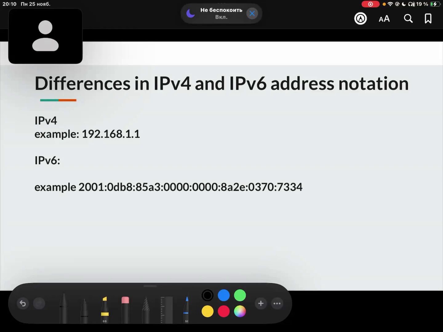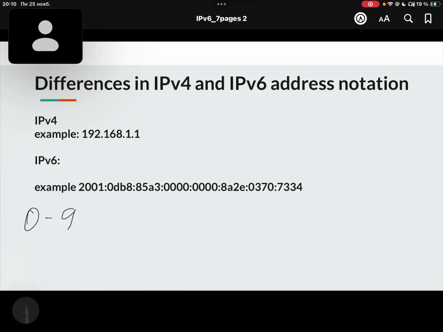However, in IPv6 we use hexadecimal digits. It means from 0 to 9 and from A to F. Hexadecimal is a base-16 number system, which means numbers from 0 to 9 are the same as in decimal, like in IPv4.